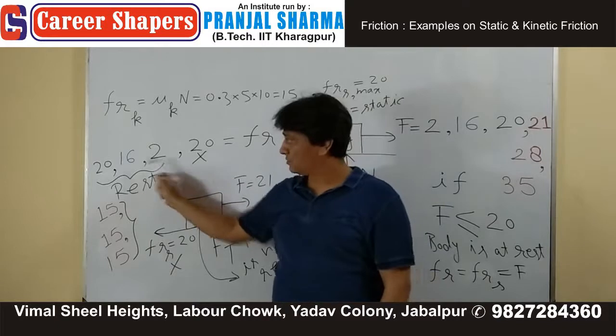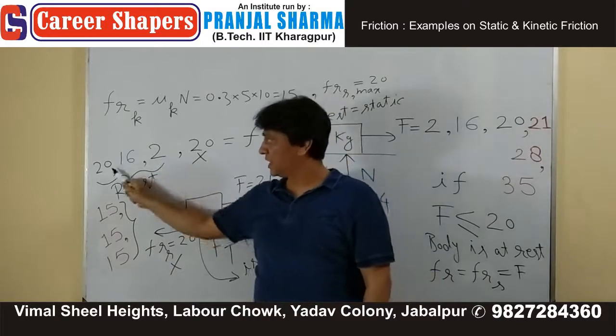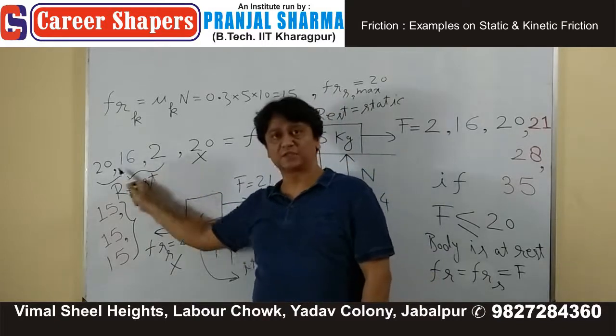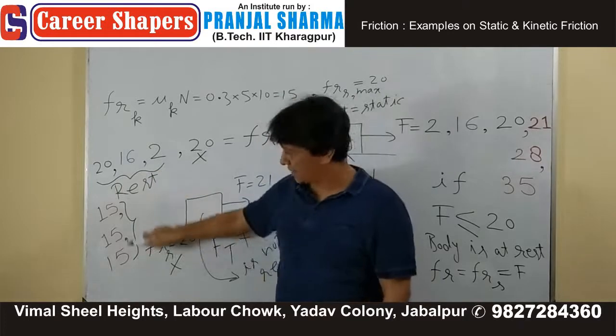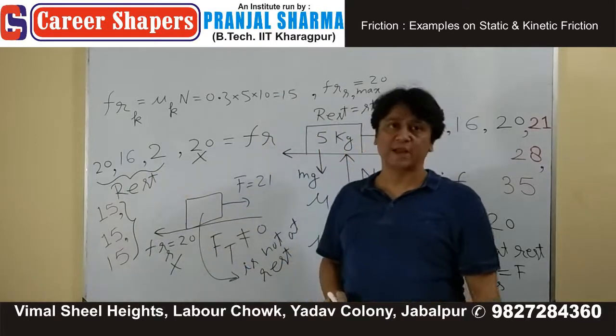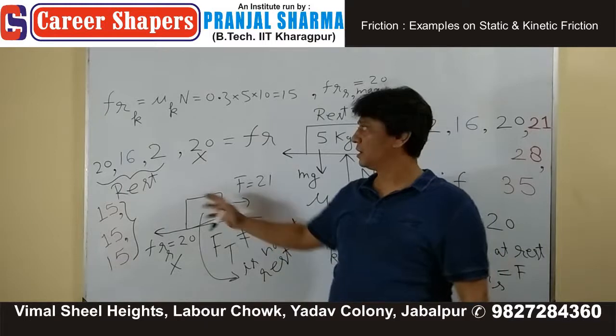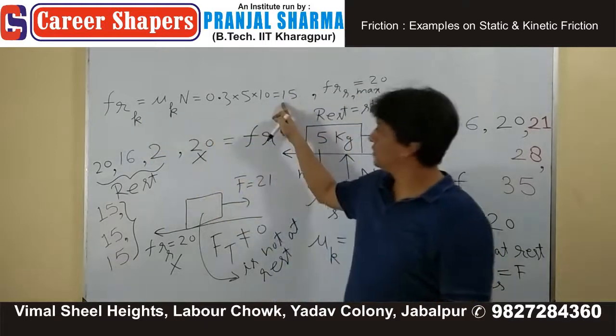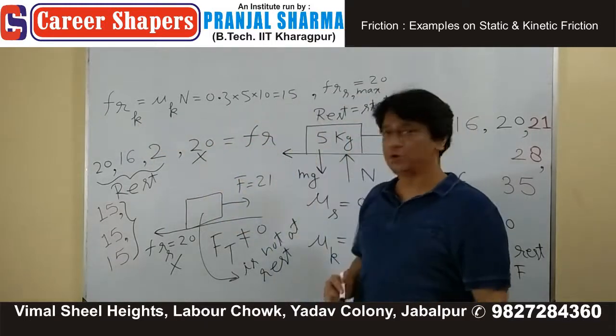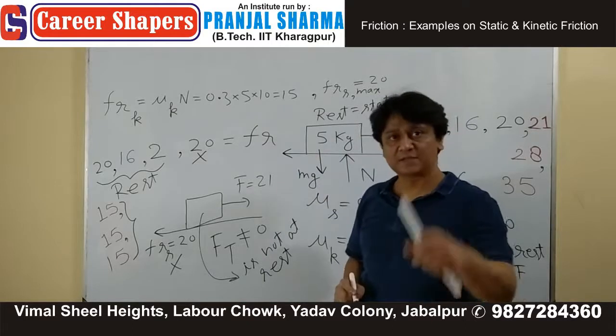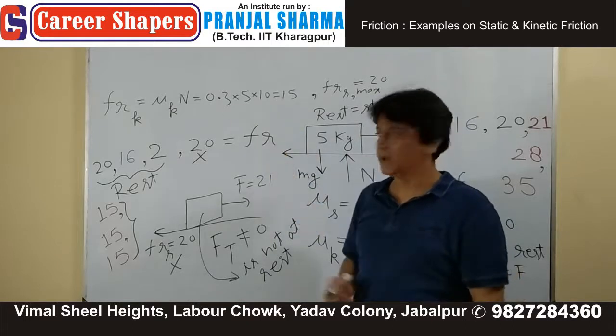Static friction, you can see it is self-adjusting. Kinetic throughout is the same. If body is moving, it will be this much, and therefore we do not use maximum with kinetic.